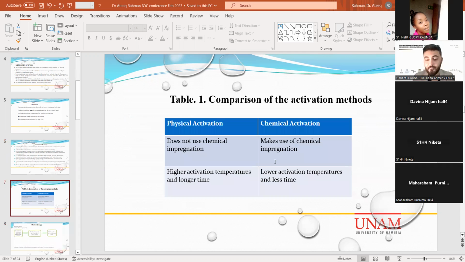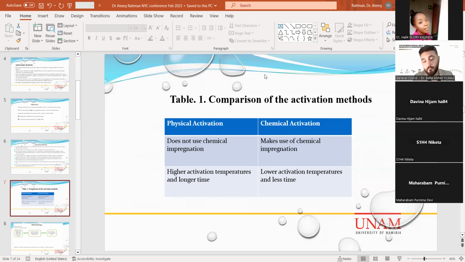Now, a comparison of the activation methods, physical and chemical. The physical activation method does not use chemical impregnation; it directly takes the material and heats it in the furnace at specified temperatures, which can be 500, 600, 700, depending on which gives the better result.